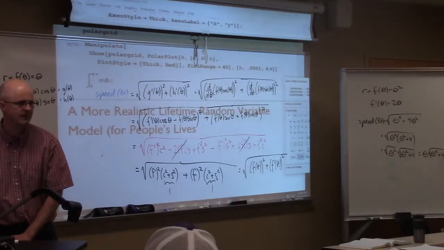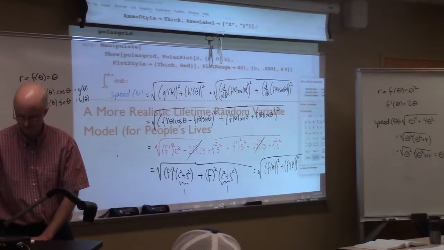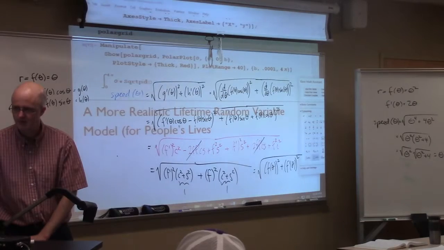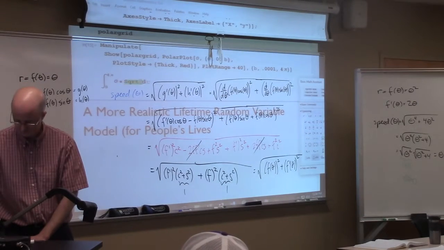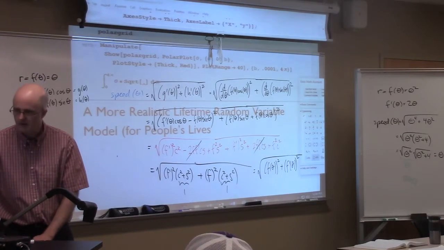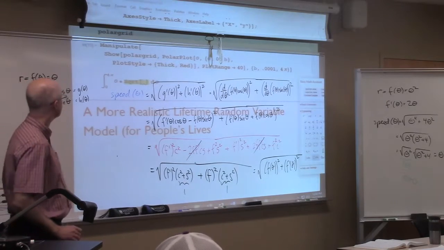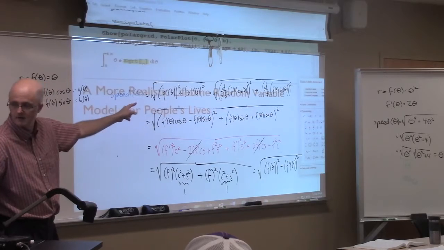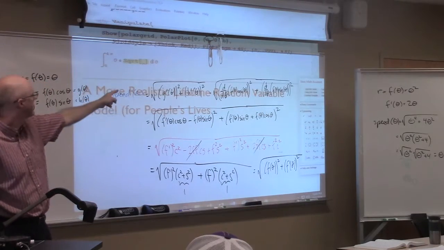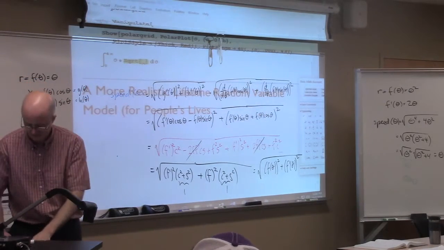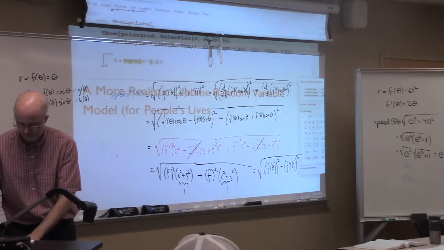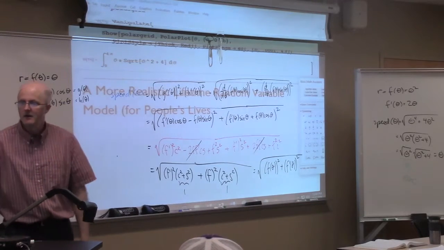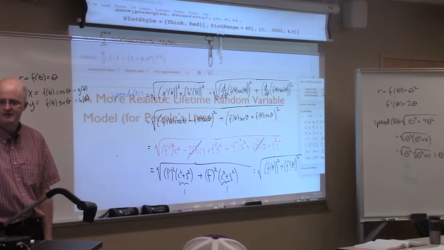You don't have to use theta, but it doesn't hurt. Square root. What is it? Theta squared plus 4. Sorry, this is kind of a mess. There. Looking over that integral. Theta squared plus 4. Looks like I might be right.